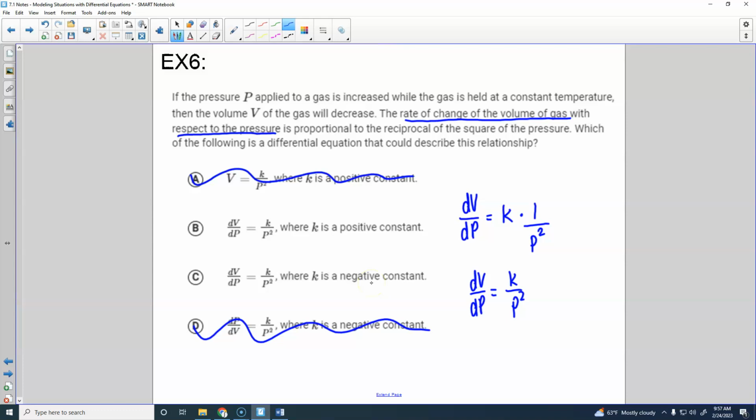The pressure P applied to a gas is increased while the gas is held at a constant temperature. The volume will decrease. But because the volume is decreasing, you would have a negative rate. So that K would need to be negative, or you would never get a negative for that. So, C would be your answer.